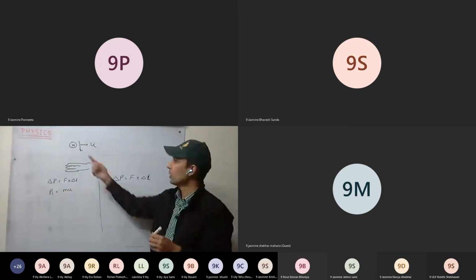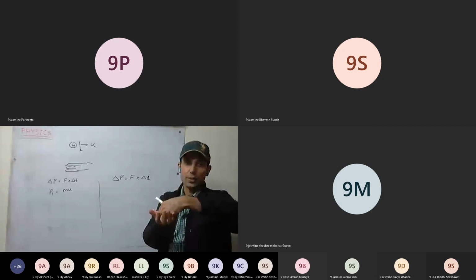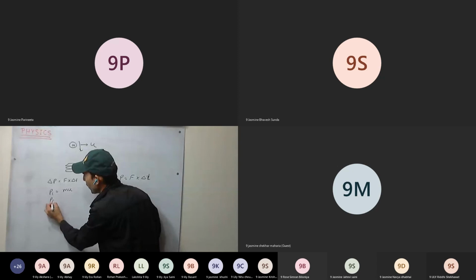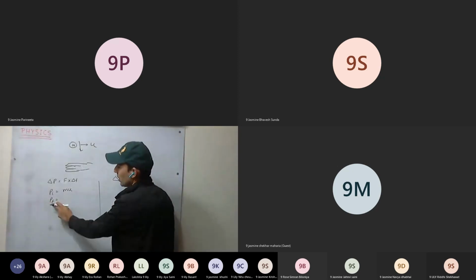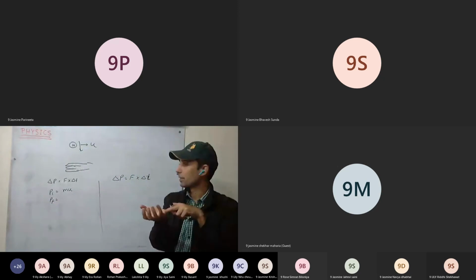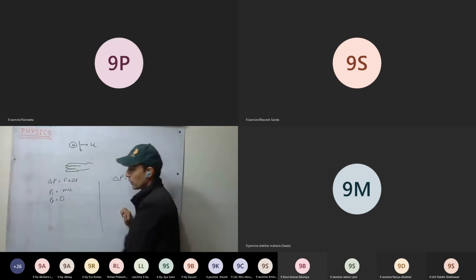This is the initial momentum of the ball. Now, P final will be how much? Anyone in class? Final momentum, it has to come to rest in the hand, so its final velocity will be 0, final momentum will be 0.